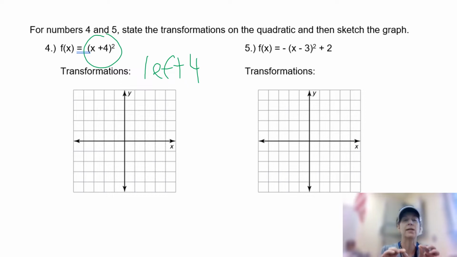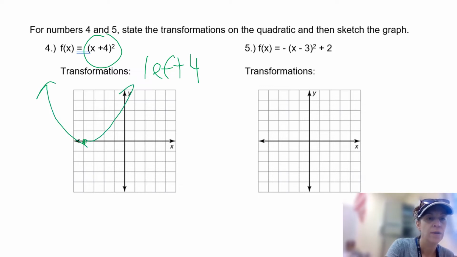It just explains that one little piece of how the graph moves when you are adding and subtracting inside the function. And then to sketch it, I think I can do that better with the mouse. We go left, 1, 2, 3, 4. And remember that it is a parabola. So something like that would get you full credit.